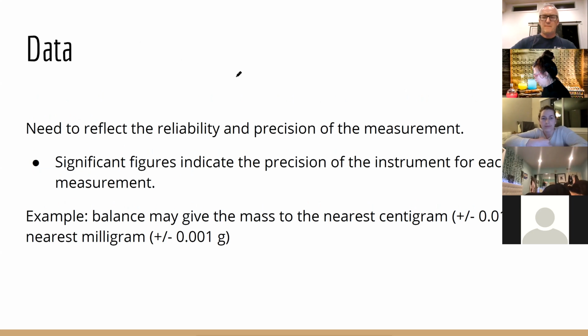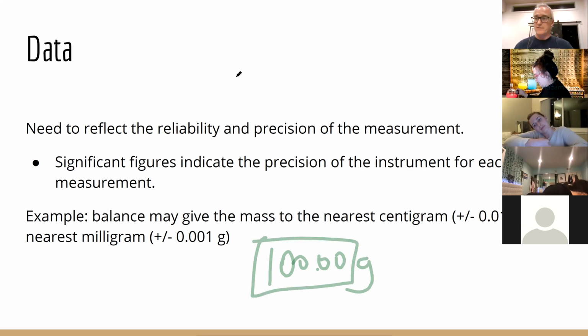So basically what that means is that if you measure 100.0000 grams, that means that all these numbers are significant. Because if they weren't, you wouldn't be getting this particular reading. It means it can measure these things within a hundredth of a gram. So you include all of those numbers when you're doing your measurements and figuring out your errors.